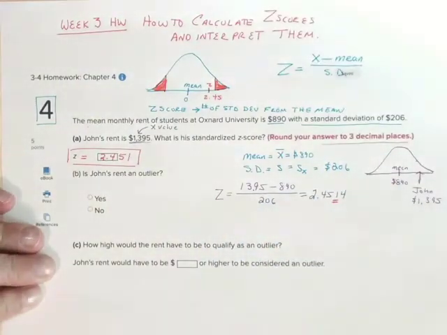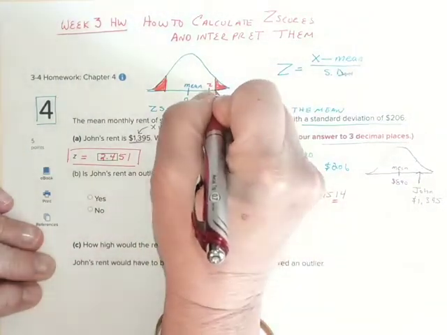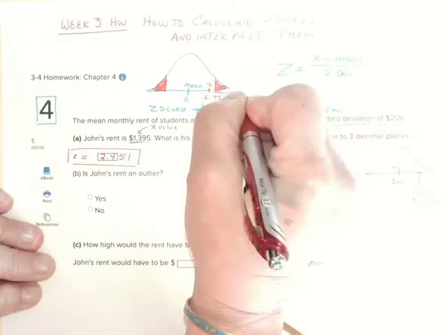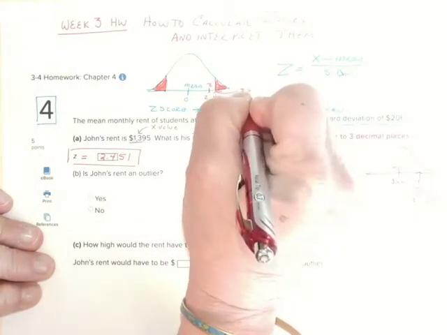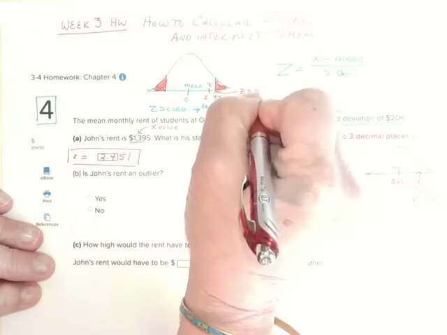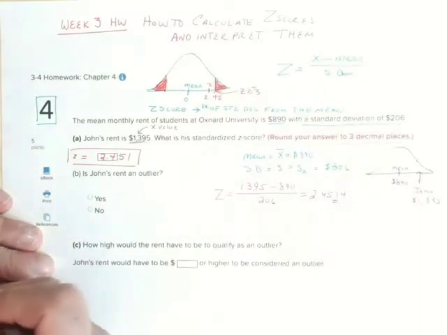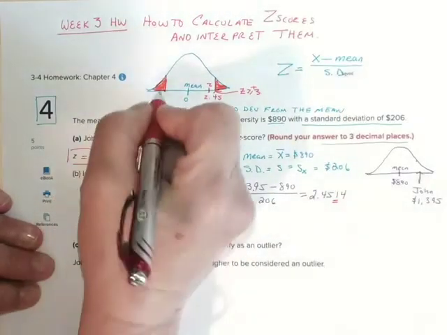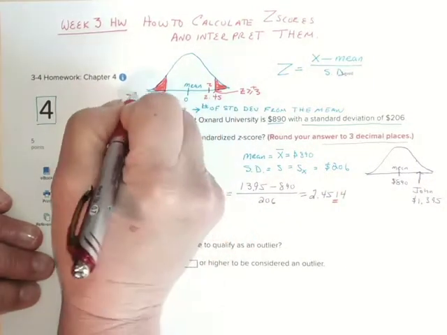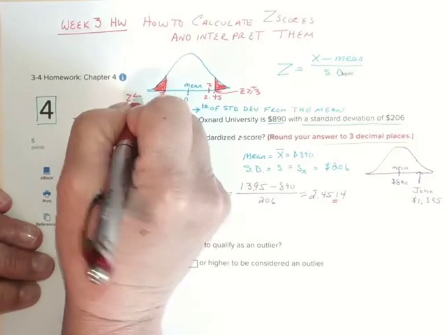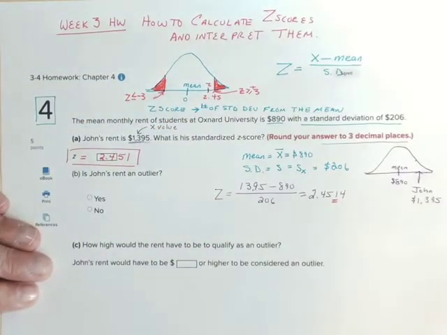Outliers are when I have a z that's greater than or equal to +3, or a z less than or equal to -3.